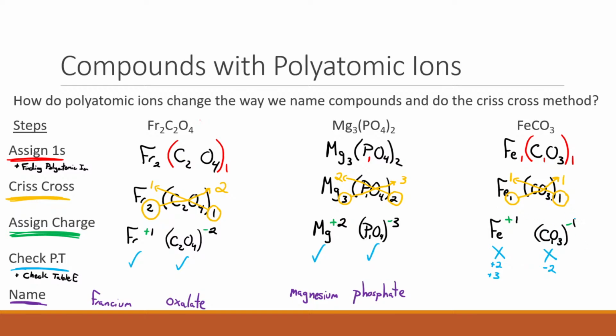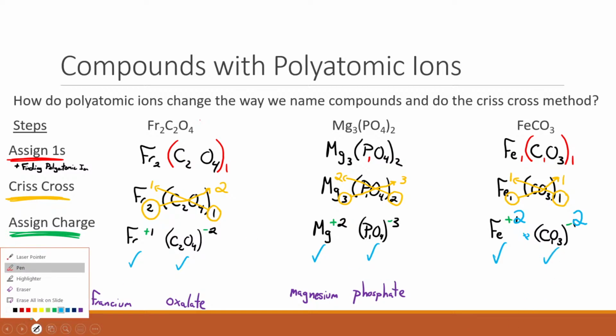Here, carbonate must be doubled in order to match its only option on the table. And if we double the carbonate, we must also double the iron. Now they both match their piece of the reference table, so we give them nice checks, and we move on to our name.